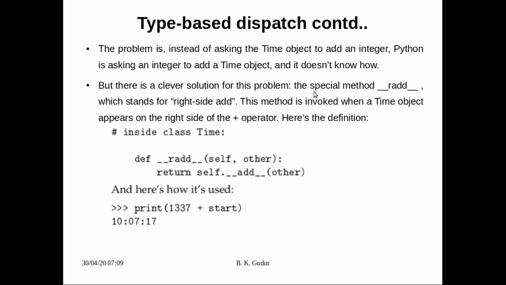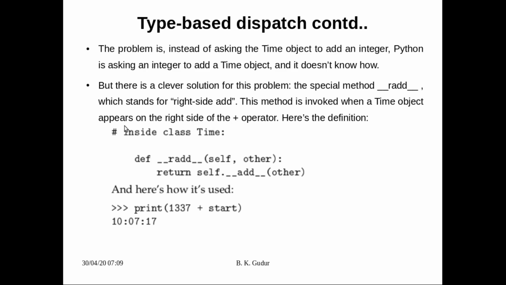The special method called __radd__. So radd stands for add from the right side, which means right side add. This method is invoked when a time object appears on the right side of the plus operator.